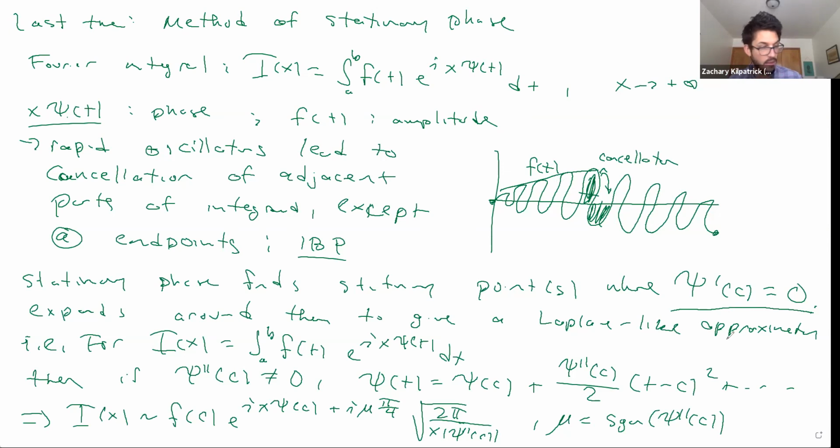Okay. So I'm going to just do a couple examples for now in actual solutions to PDEs that involve this method. Are there any questions about the general approach before we move on? Okay. All right. So let's get to applications.